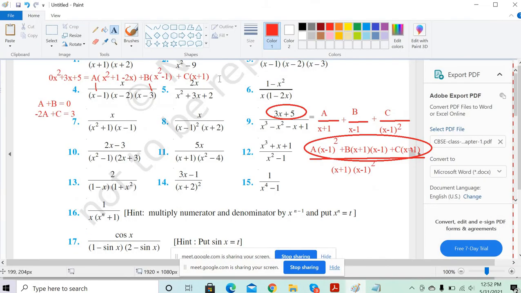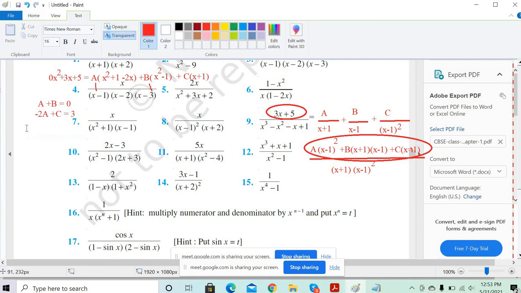Okay, clear this part? Next one, constant. Here it is a, here is minus b, here it is c, correct? So it will be a minus b plus c is equal to 5, correct?